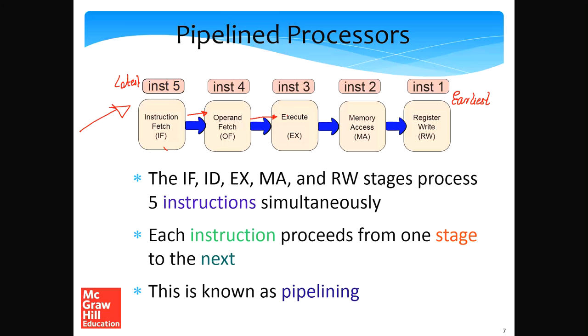One instruction finishes its execution in one stage, moves to the next stage, finishes execution here, moves here. So if you have 5 stages, we'll have 5 instructions being processed simultaneously, and then at the end of the processing, one of the instructions will move out, the second instruction will come here, the third will come here, and a new instruction will enter the fetch stage.